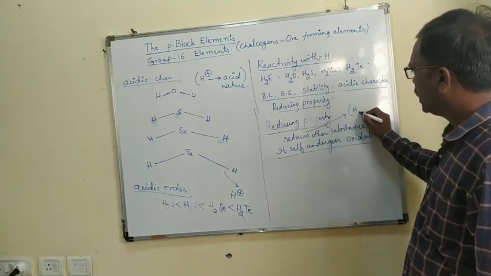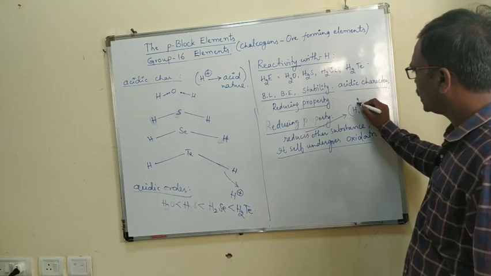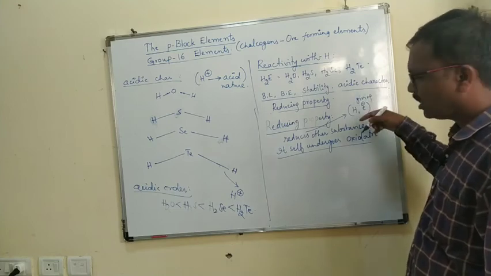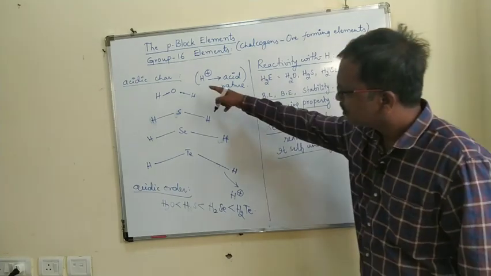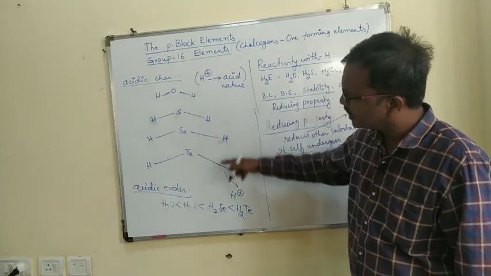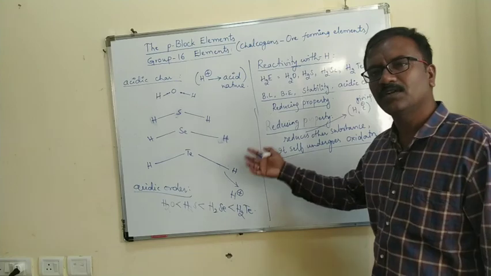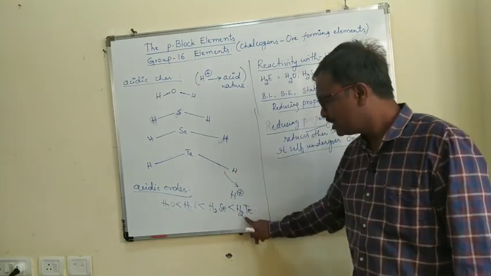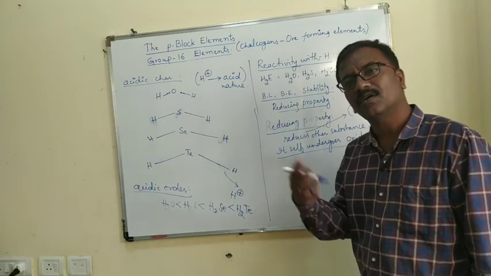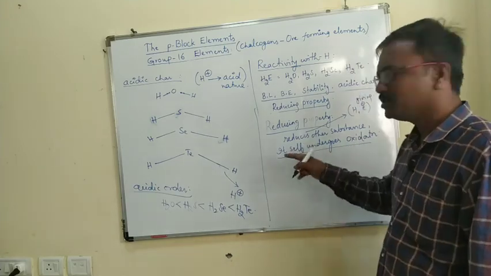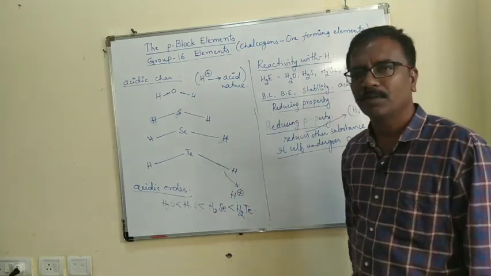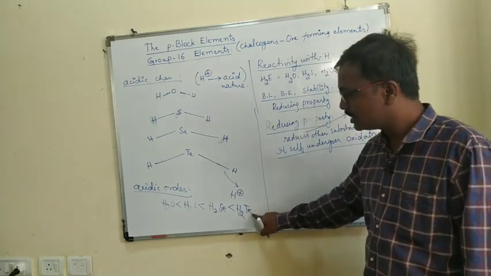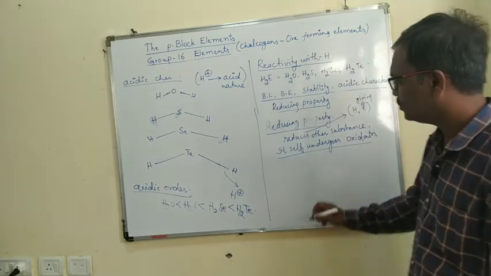By giving hydrogen or giving electrons to the other substance. By looking at acidic character, which one gives hydrogen very easily to the other substance? H2Te readily gives hydrogen to other substances. That's why H2Te is the more reducing agent than H2O, right?